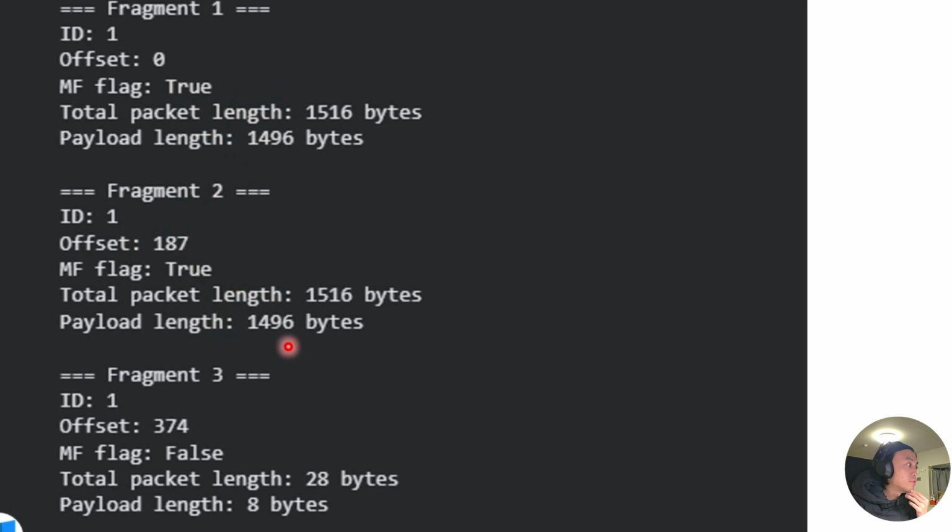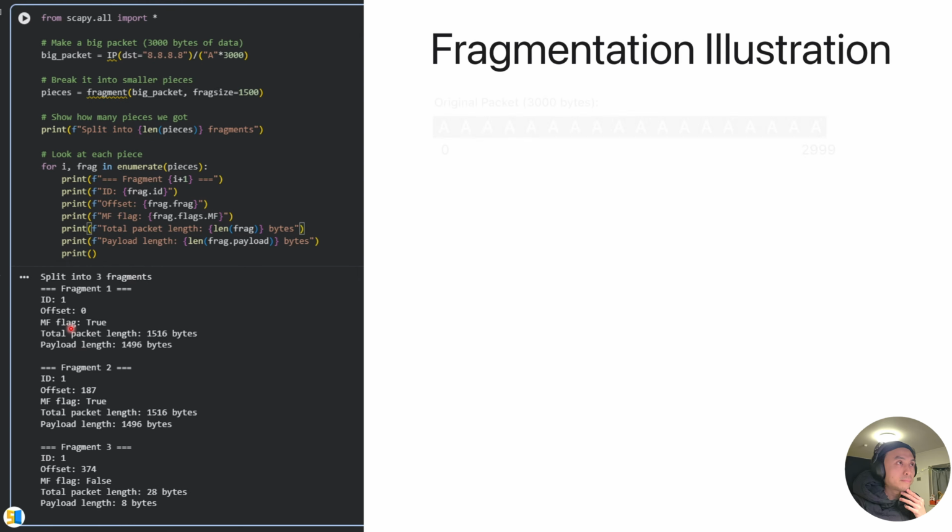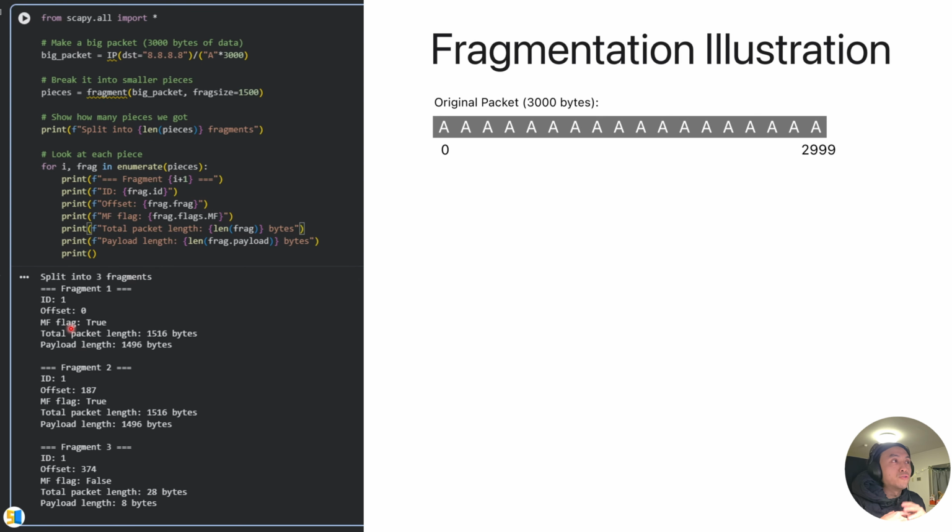And then you can see the offsets. The offset number is different. This offset is in bytes. And then you can see the value of the MF flag, total package length, and payload length. And if we draw this into an illustration, it's something like this. We have the original package of 3000 bytes, from index 0 until 2999. And then we fragment it.